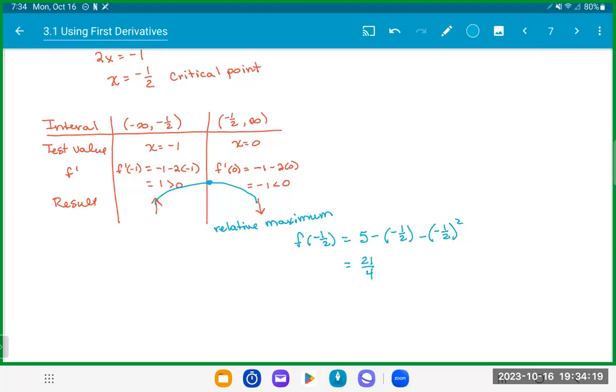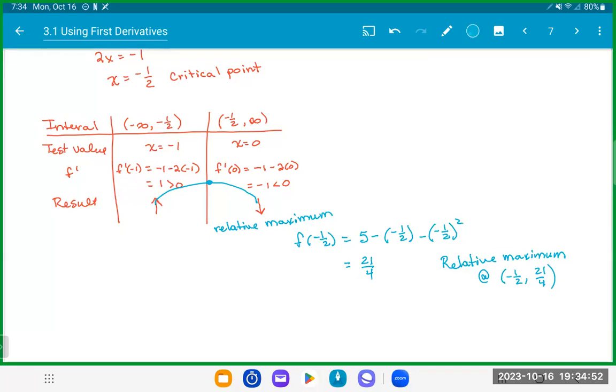Okay. So I have this relative maximum at the point -1/2, 21/4. That is exactly what we did on the previous problem.